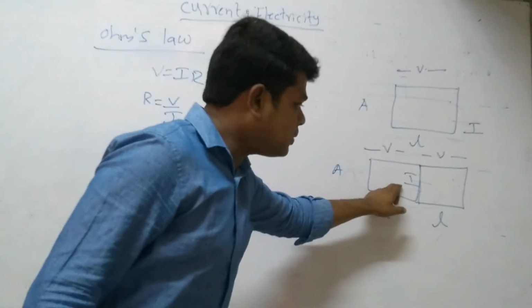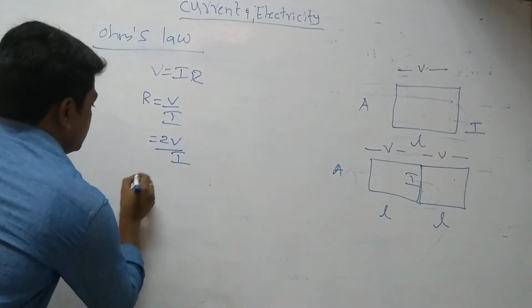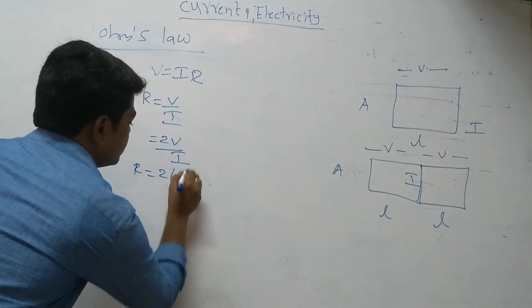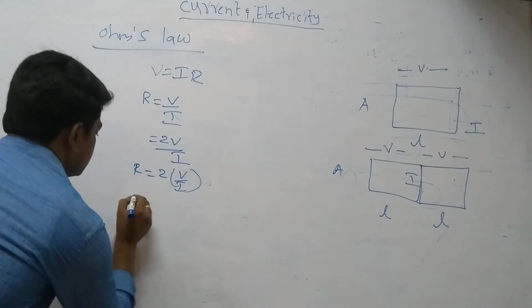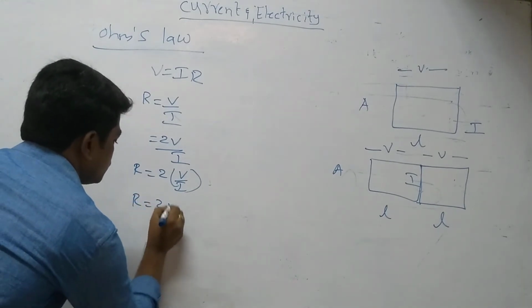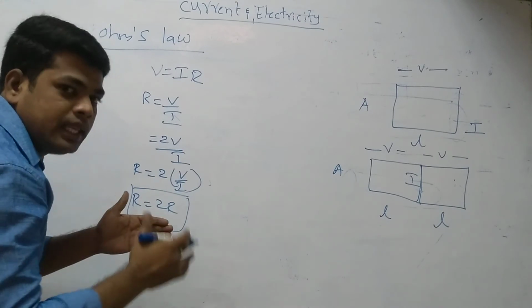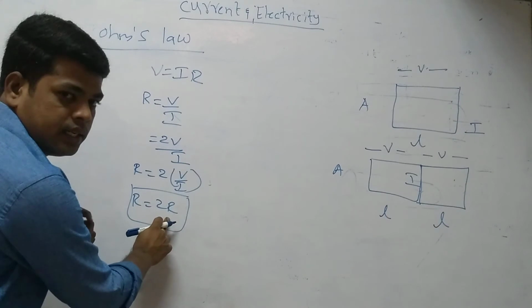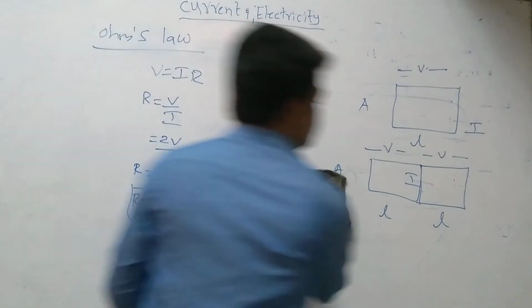So R is equal to 2 into V by I. What is the V by I value? That is R. So the resistance is 2R. It means when the slab length increases, the resistance also increases. It doubles the value.